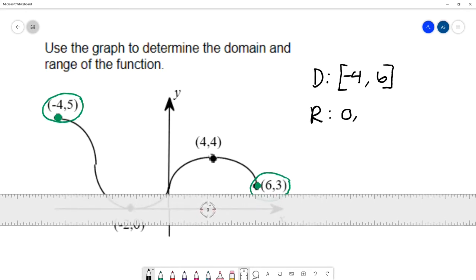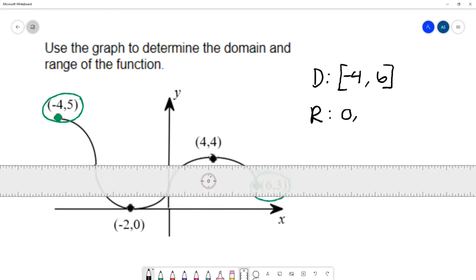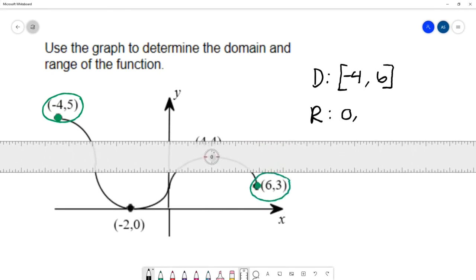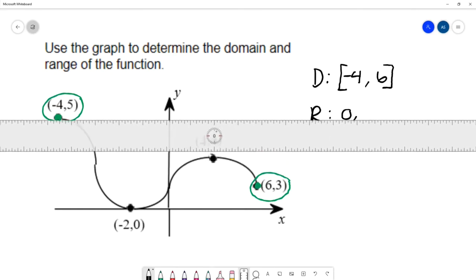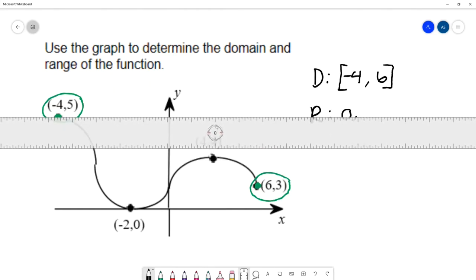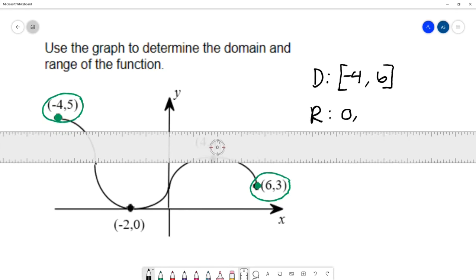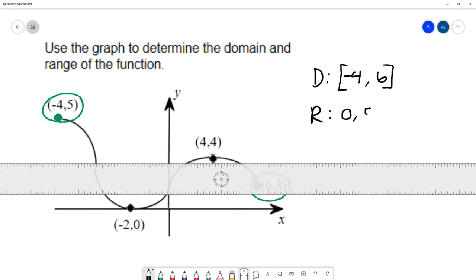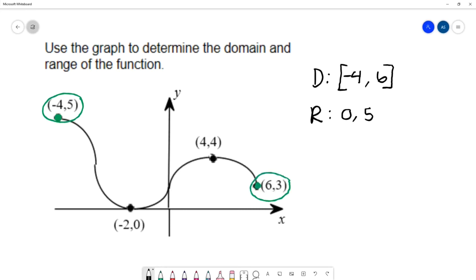I'm going to move up, and I'm touching the graph, so all of these values are included in the range. Then I get to this point here, and it's the last time that my ruler will hit the graph. So that's where my range will stop, at the y value of 5. So all of the numbers between 0 and 5 are part of the range. Then I need to decide whether the endpoints are part of the range.